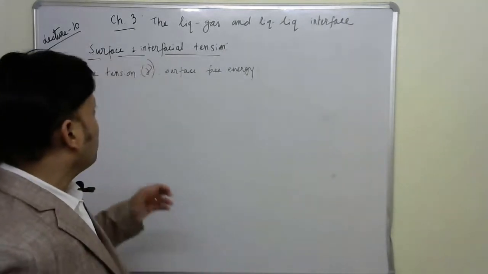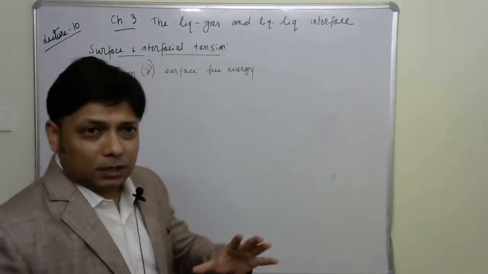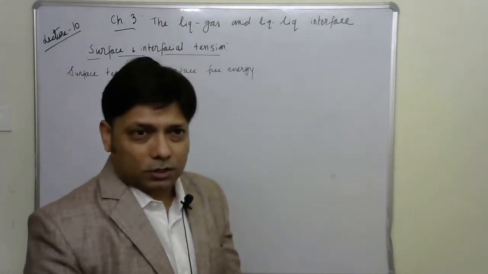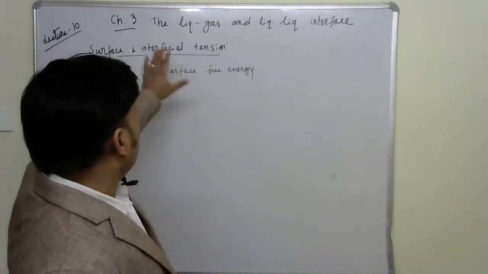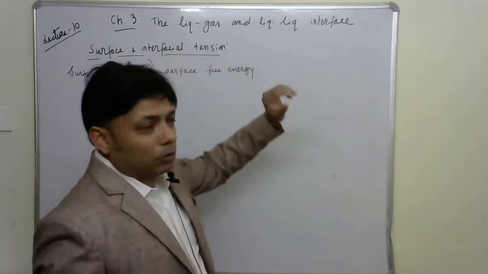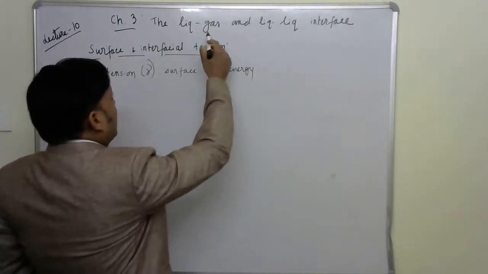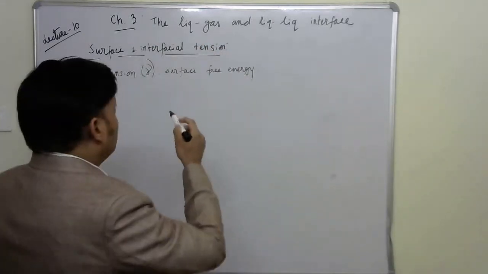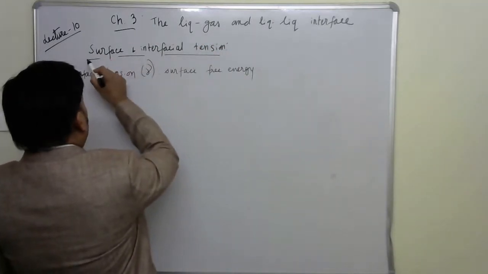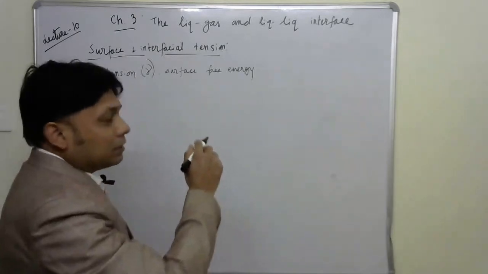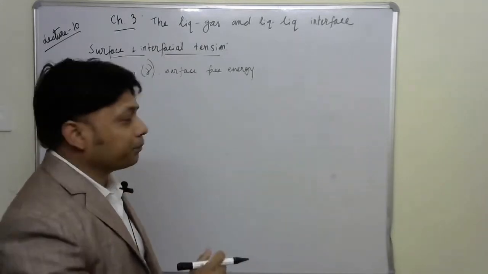So we would start from a few very basic concepts. Whenever we talk about liquid-gas and liquid-liquid interface, if we take the gas as air, then we are talking about a surface, because the definition of surface is the interface between liquid and air.